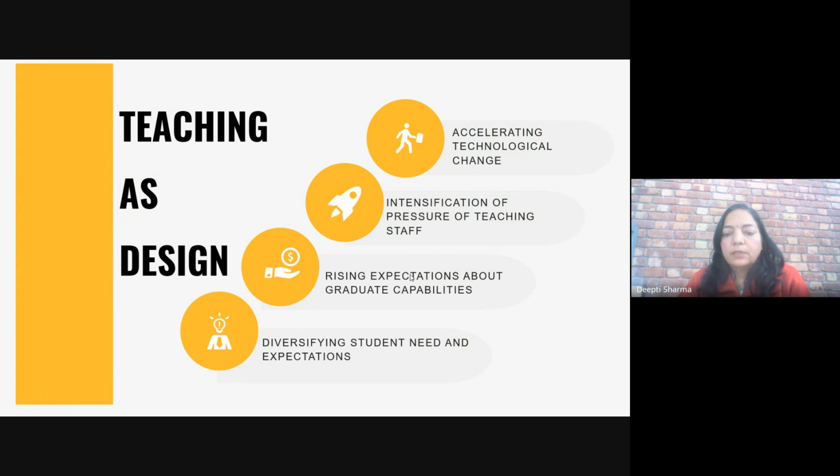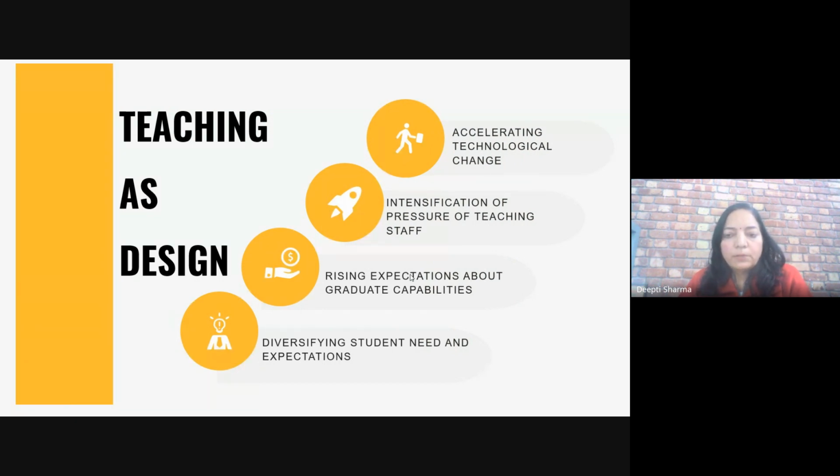And third is intensification of pressure on teaching staff. Nowadays, the teaching staff are involved, apart from teaching, in the accreditation process and outcome-based education, and many things are there to do alongside the routine teaching-learning process. Accelerating technological change is also one of the major factors in the teaching process.